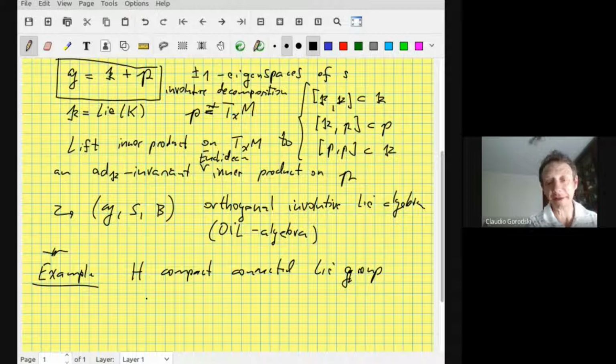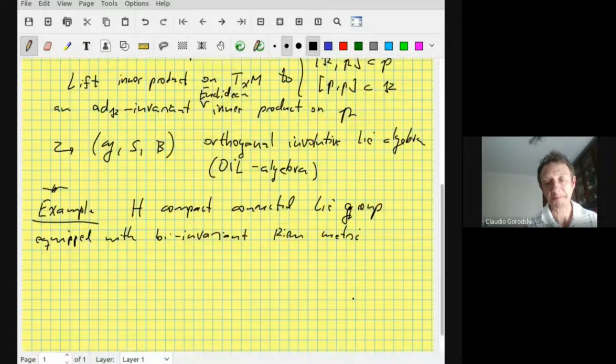So here H is equipped with a bi-invariant Riemannian metric. And then it's a symmetric space, and geodesic reflection at the identity is the inversion map in the group. It's a homogeneous space and so on.